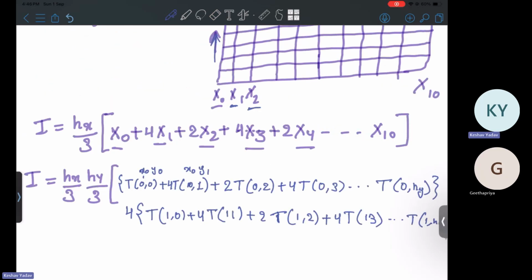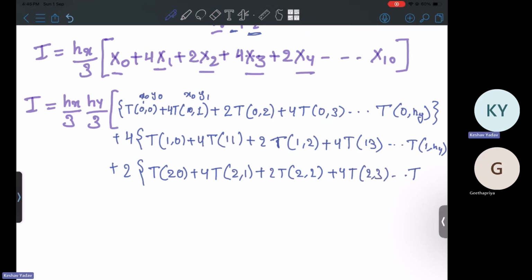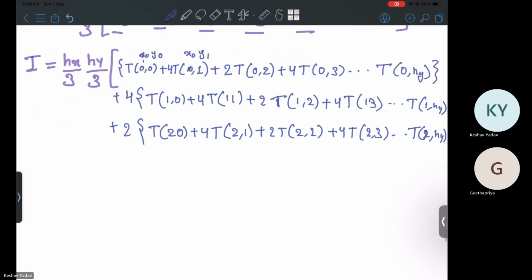Similarly, the third term will be plus 2 times t2,0 plus 4 times t2,1 plus 2 times t2,2 plus 4 times t2,3 dot dot t2,ny.